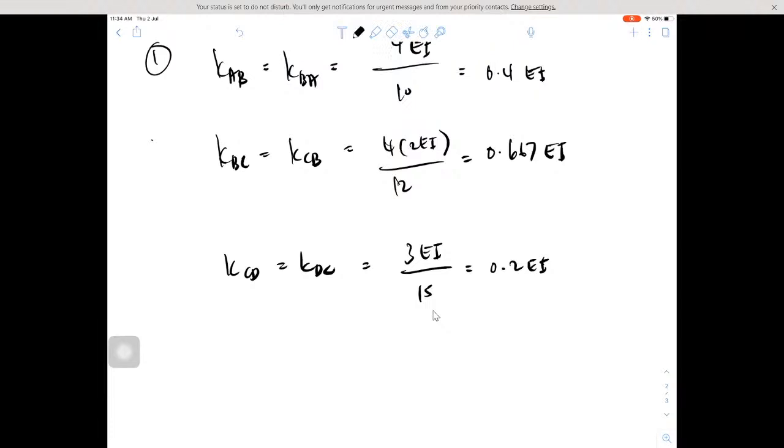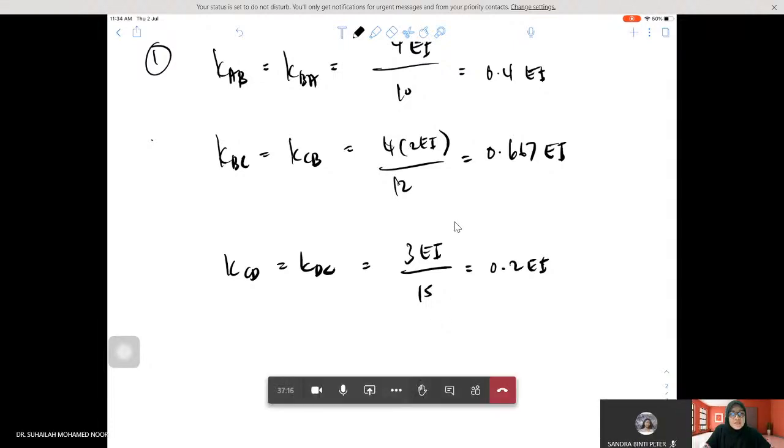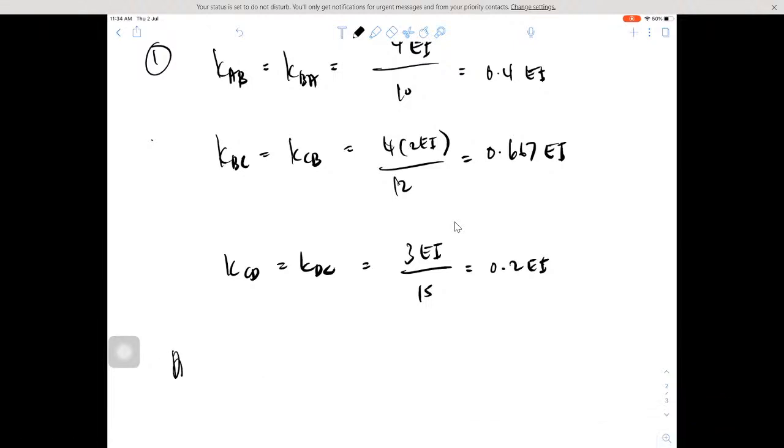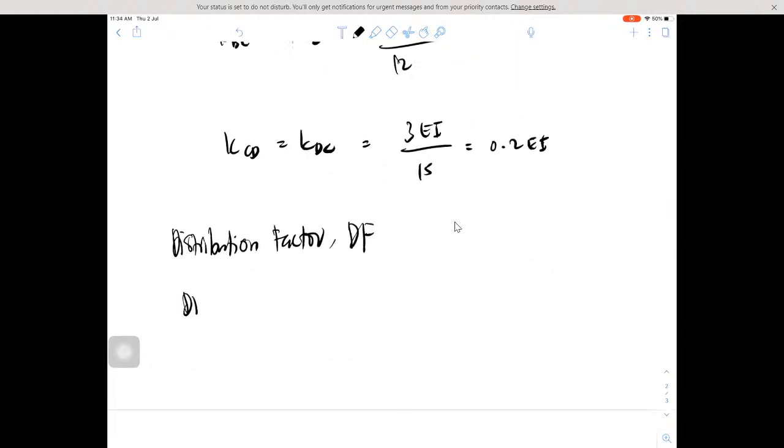Now, using this, we will calculate the distribution factor. DF AB is 0 because of fixed.